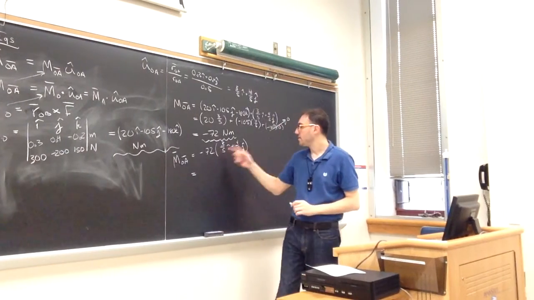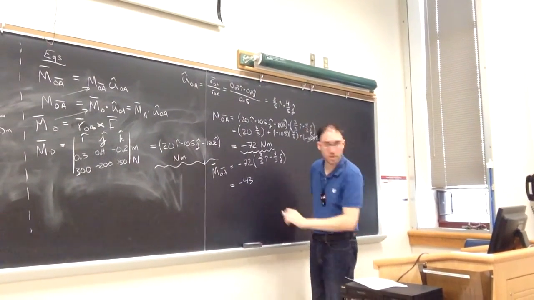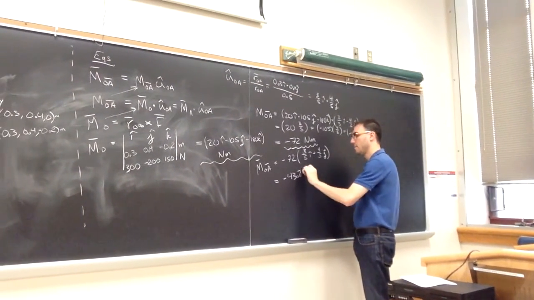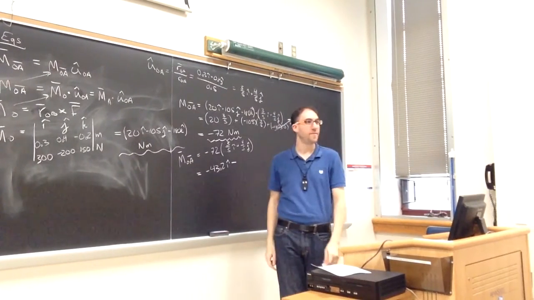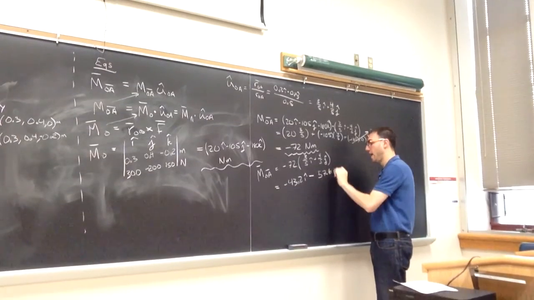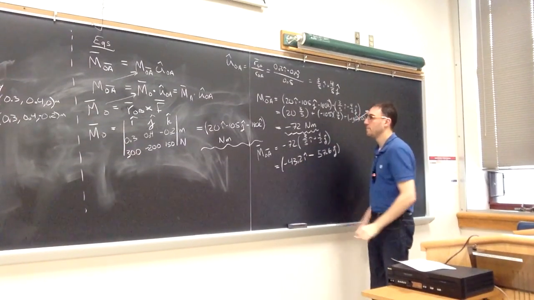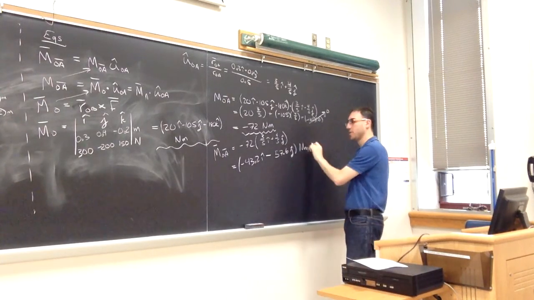So I'm going to get negative 72 times 3/5 is negative 43.2i, minus 72 times 4/5, 57.6j, also in Newton meters.